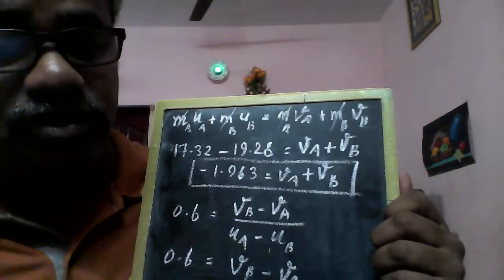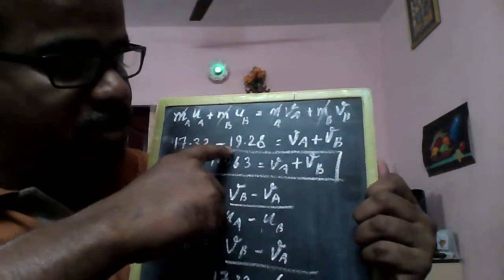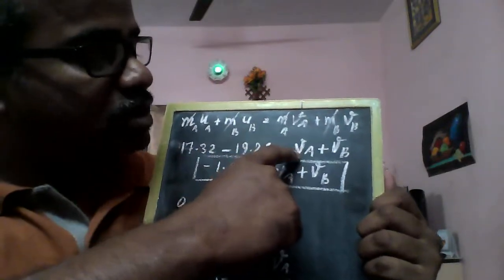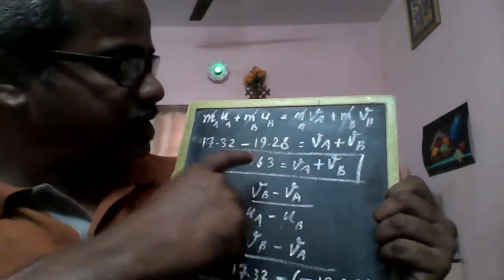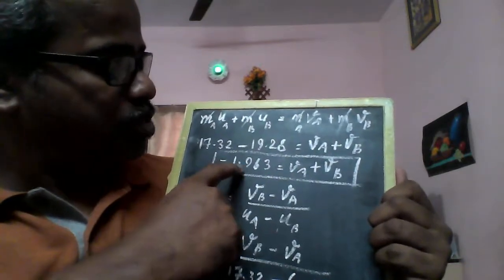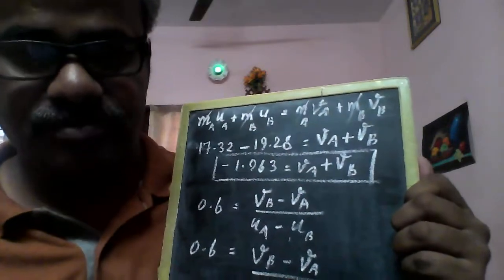It is not positive, it is negative, because the second ball is moving in the negative direction. So minus 19.28 is equal to VA plus VB. So my VA plus VB is equal to minus 1.963. It is my first equation.